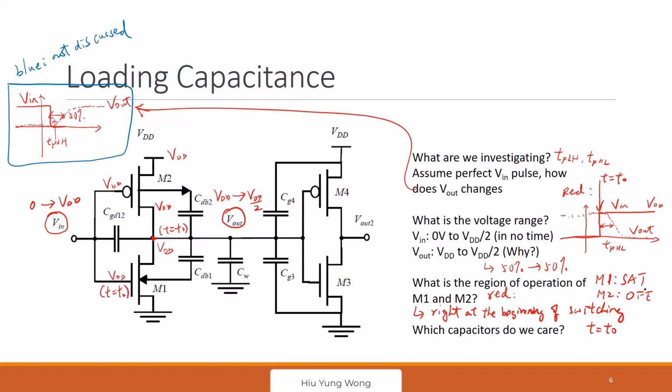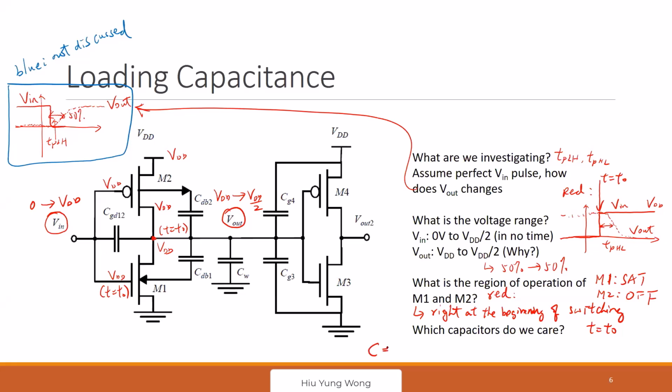Why do I want to ask this? Because based on this, you decide what the capacitors are for each of these. You remember that the capacitance depends on the region of operation. So what capacitors are we talking about? I've said this many times already.